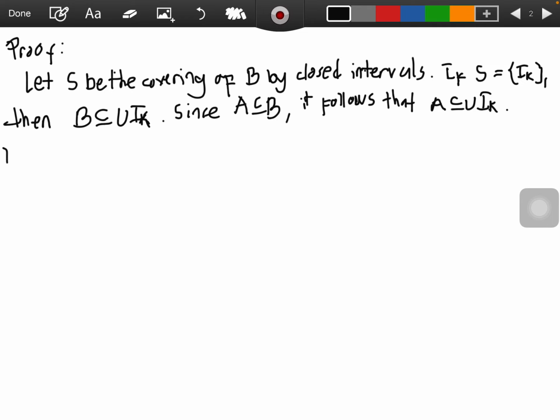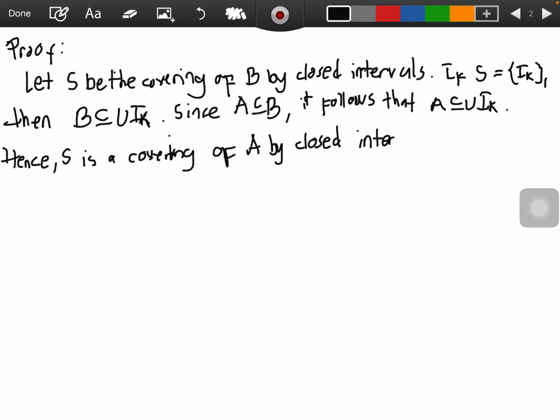So, hence, S is a covering of A by close intervals.